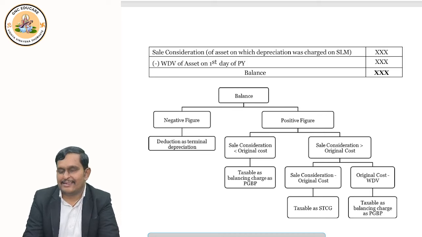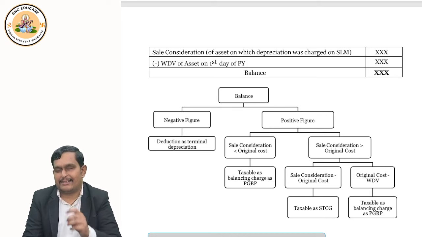Okay, this is clear. Now come to the second example which I gave, and I have to correct it. Same example I'll give so that you will understand the corrected version. I said original cost is 80 lakhs, so sale consideration is more than original cost also. Then we have to divide the income into two parts.